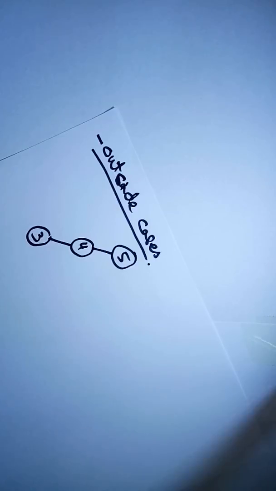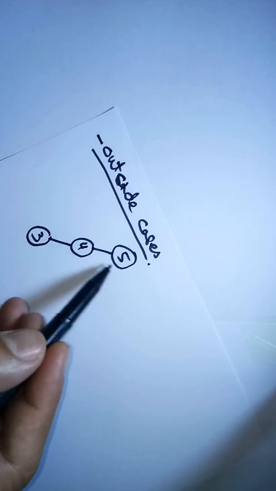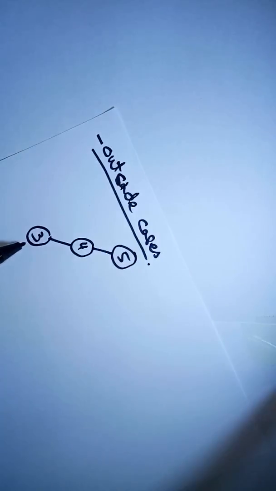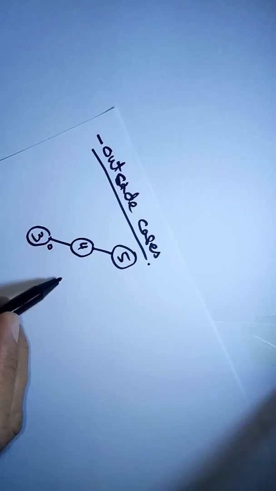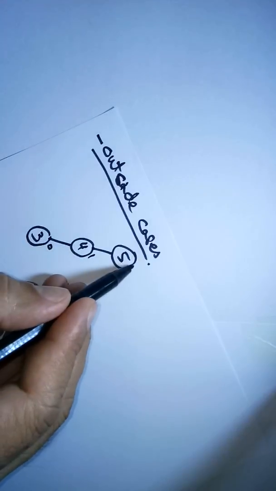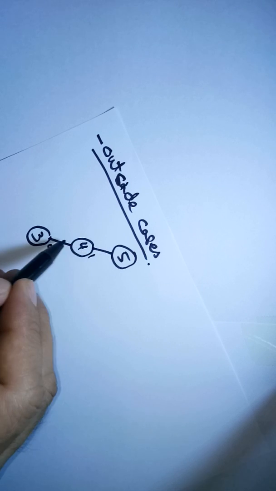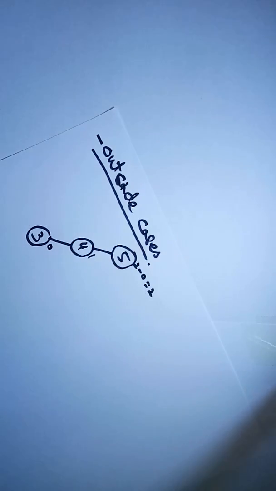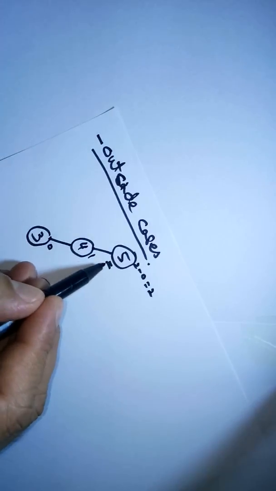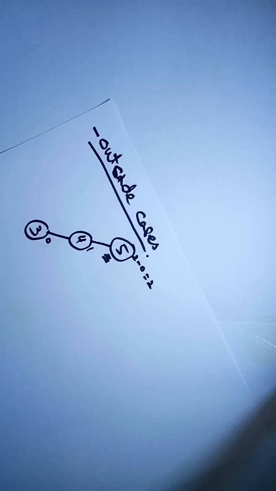Now what happens? The balance factor of this node is 0 minus 0, that is 0. The balance factor of this node is 1 minus 0, that is 1. The balance factor of this node is 2 minus 0, that is 2, that is not allowed. So the tree is imbalanced at this node.